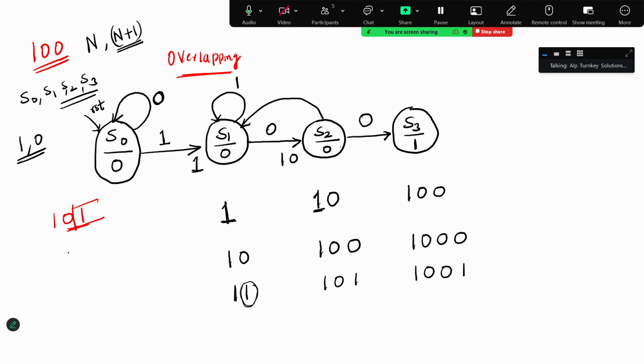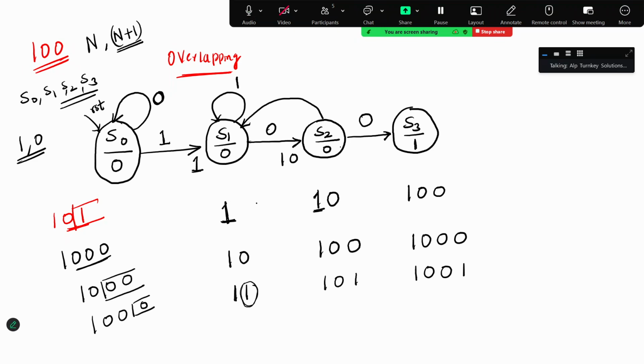Now I'm checking 1 0 0 0. I'm checking 3 bits. If 3 bits are matching anywhere? No. Next you need to see 2 bits. Are 2 bits matching anywhere? No, not matching. So next you need to come for 1 bit. Is 1 bit matching?